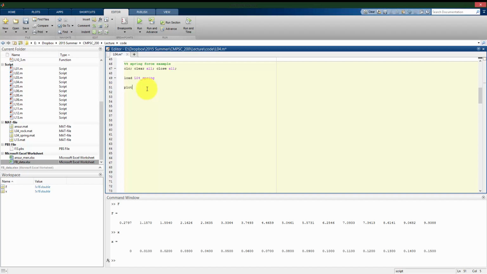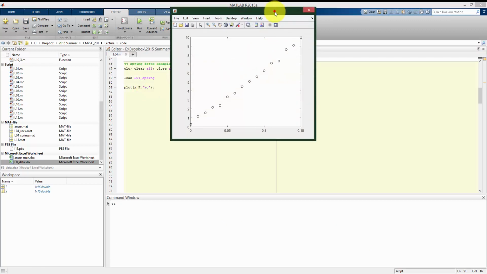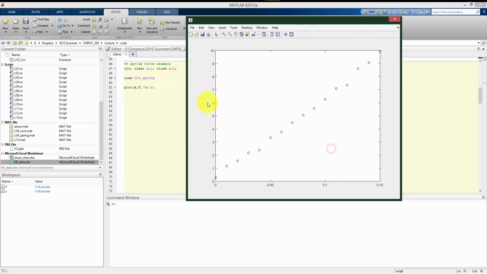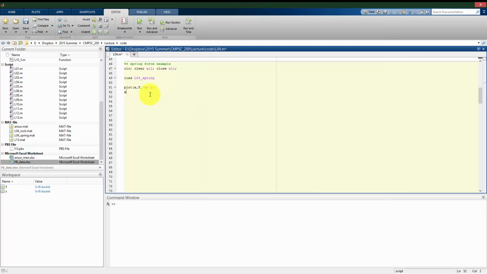So if we plot it, we can see a little bit nicer what's happening here. I'll plot it as these discrete points. And let me label so we know what's going on. In this case, my x is going to be the deformation, measured in meters for this experiment.